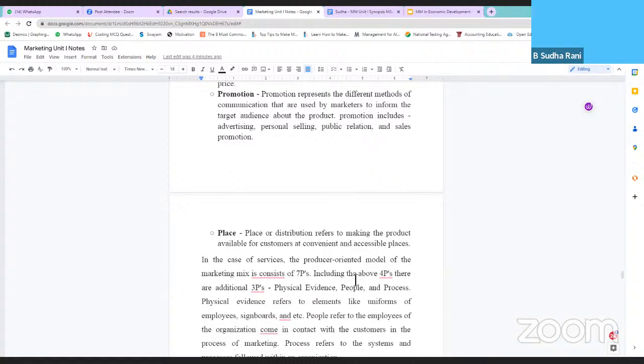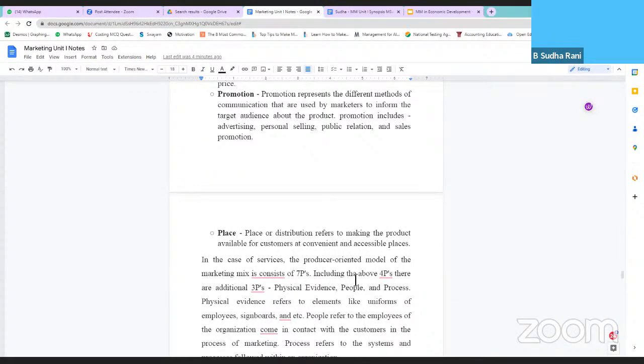This communication of information about the availability of the product to the targeted customer is itself promotion. I'll repeat once again: communicating about the availability of the product in the market, and not only availability, the awareness about the product in the market to the targeted customers, is said to be promotion.